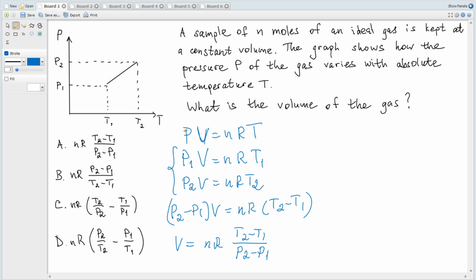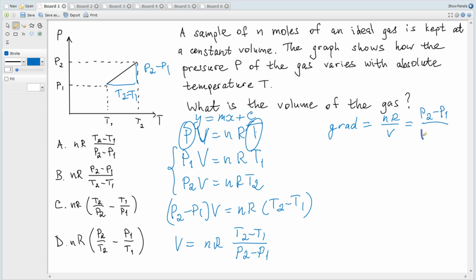Or if you plot a graph of pressure against temperature, compare to the equation of a line, which is mx + c, we can see that when P is y and T is x, the gradient is nR over V. And what is gradient? Rise over run. So it's (P2 minus P1) over (T2 minus T1).